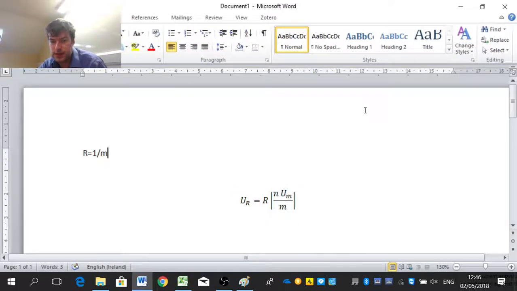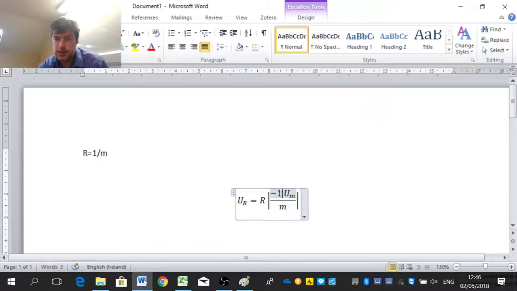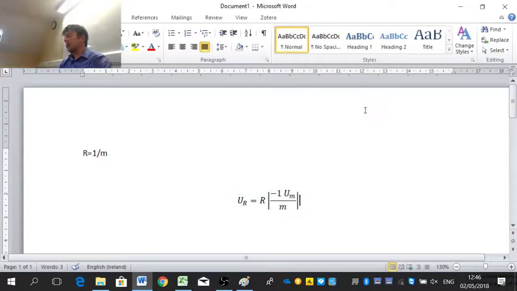Okay. And sorry, the n here is -1. Actually, if you're looking at formula 3, the second version of it, the one with the absolute in it, I'll zoom in for you.